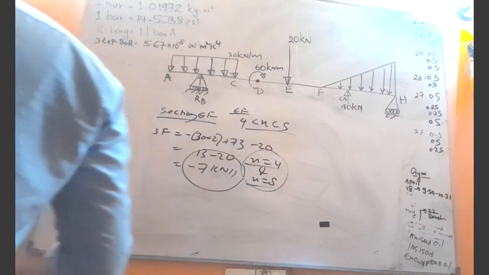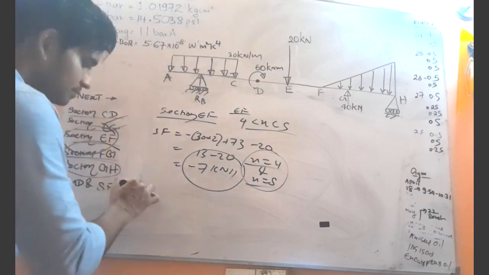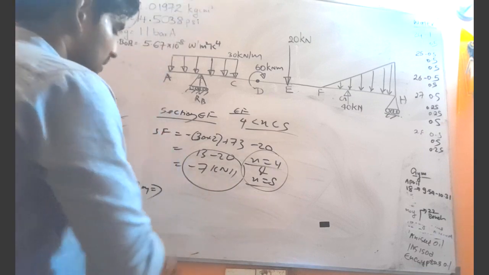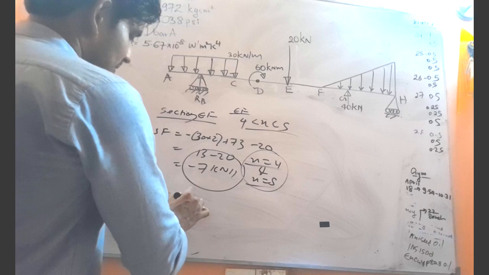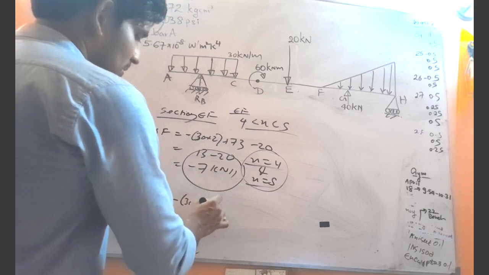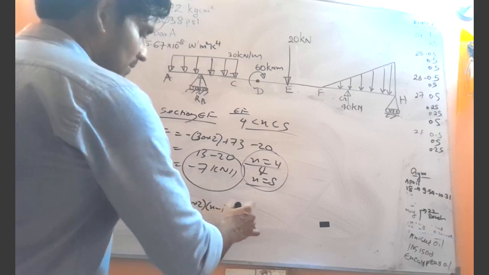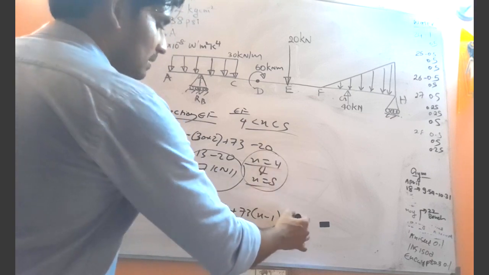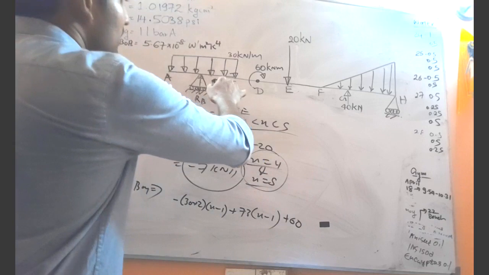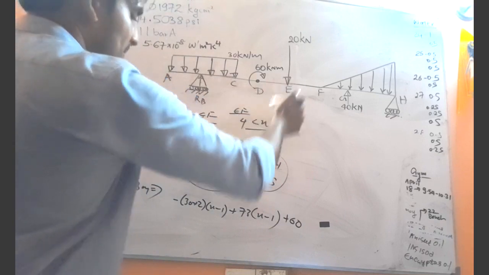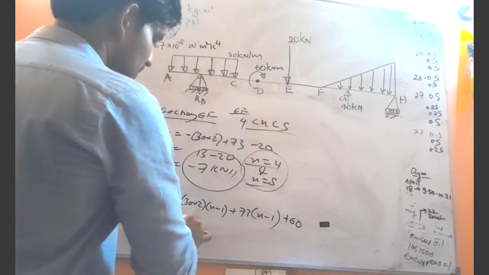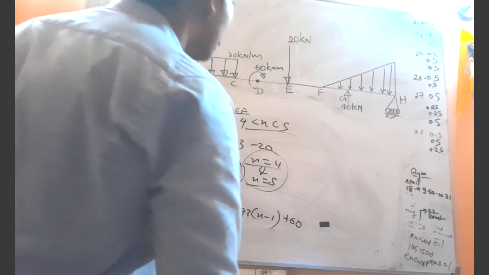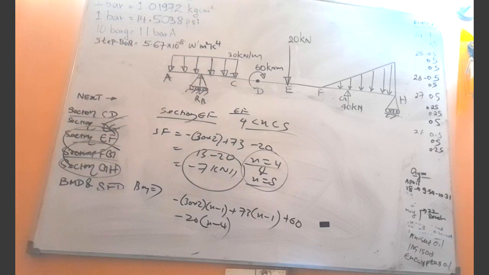So now let's write the bending moment, the general equation. Minus 30 into 2 times x minus 1, plus 73 into x minus 1, plus 60, then negative 20 into x minus 4. That's it.